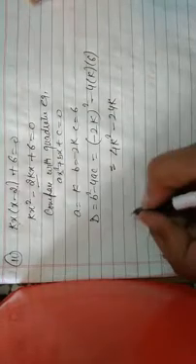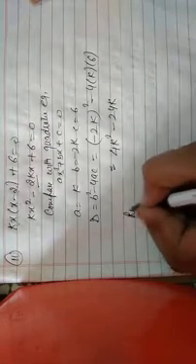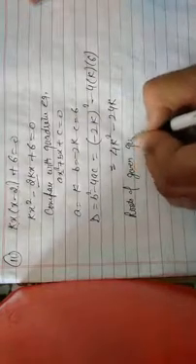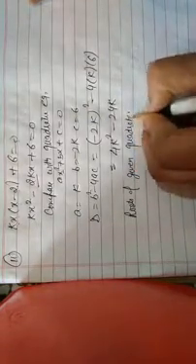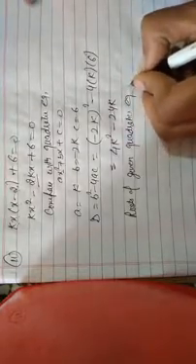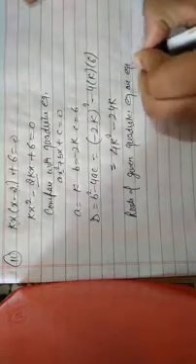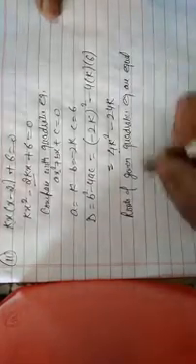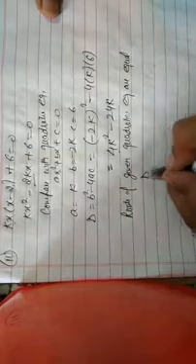Now in this question we are also given that this quadratic equation has two equal roots. We are given that the roots of the given quadratic equation are equal. If roots are equal, it means the value of b square minus 4ac is equal to 0. So d is equal to 0.